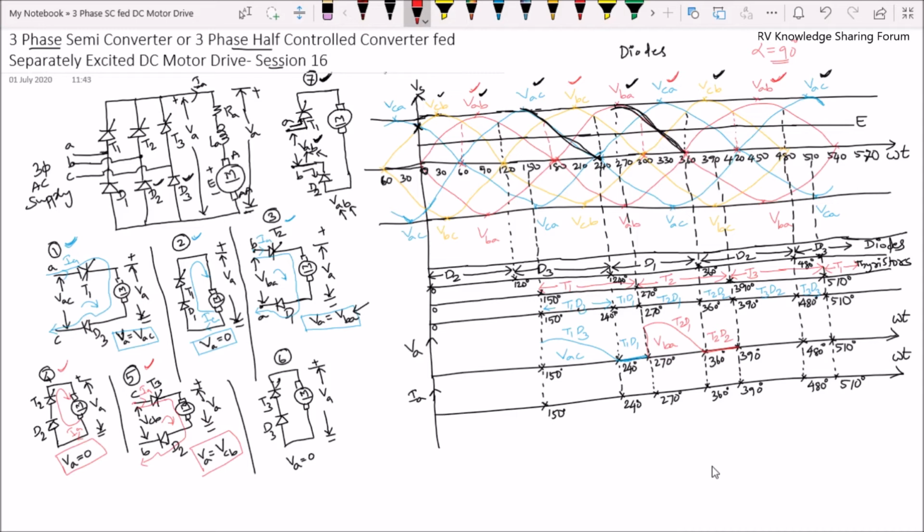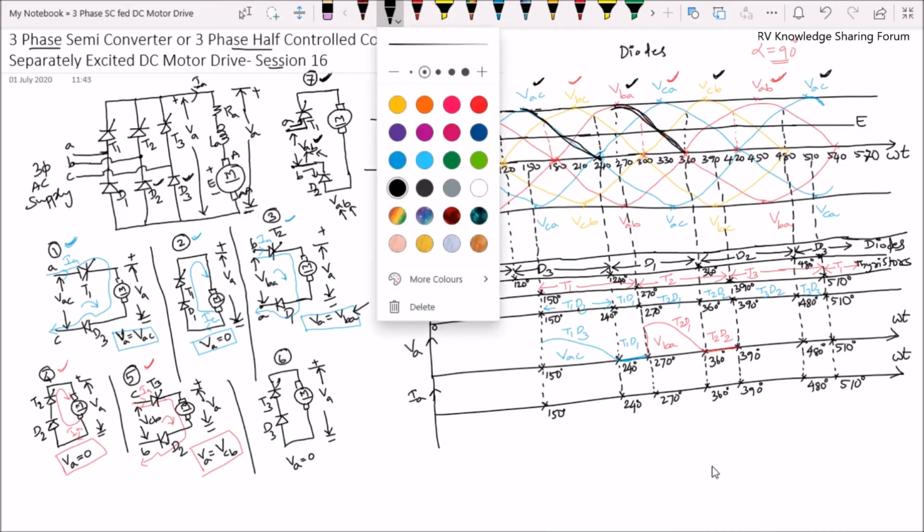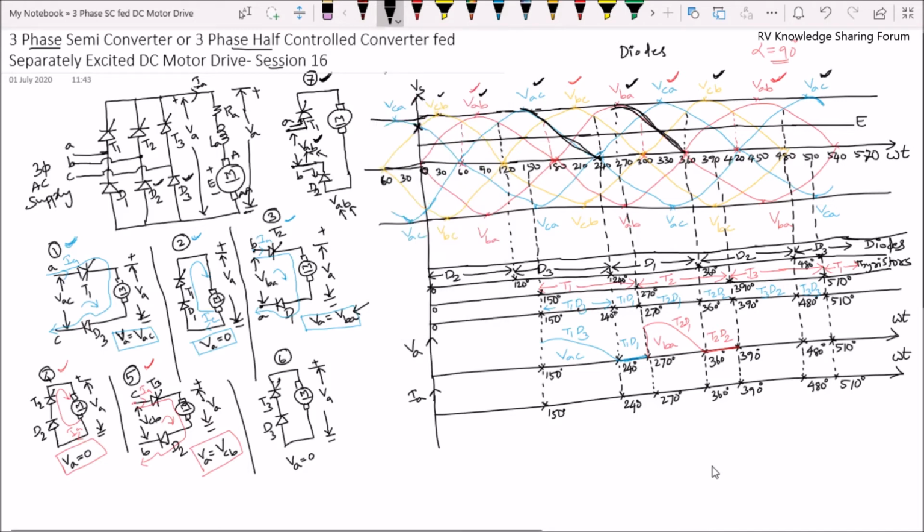So we just have to follow the VCB trace from 390 degrees to 480 degrees. Let me mark the input line voltage in black color. From 390 degrees to 480 degrees, the yellow color line, which I am marking in black, will be our output voltage.